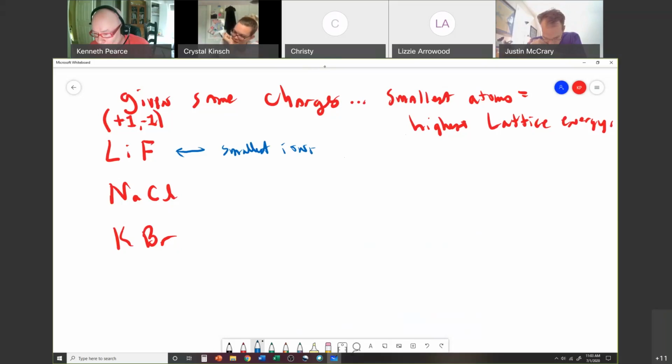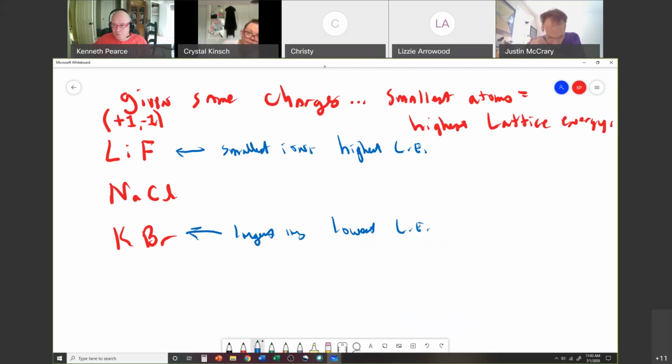Lithium is the furthest up on the left, and fluorine is furthest up on the right compared to sodium and potassium. So this would have the highest lattice energy. I'm just going to abbreviate that LE. And you look at potassium bromine, and since it's the largest ions, it would have the lowest lattice energy.